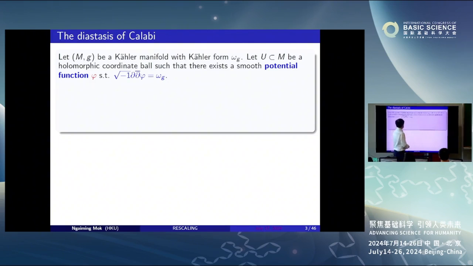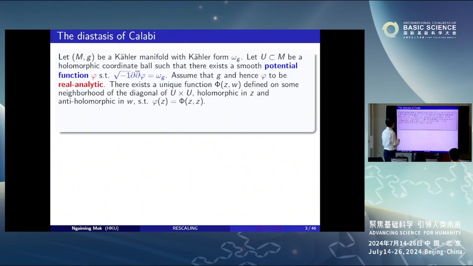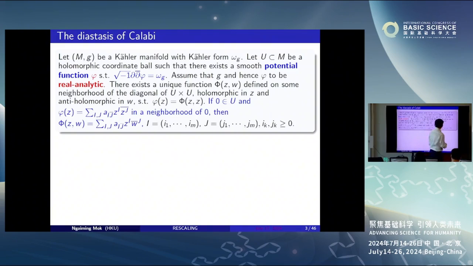Now let's specialize to the case where the metric is a real analytic metric. In other words, you can write down the potential as a real analytic function, admitting therefore a power series expansion. So the function is written as this function phi here. This is common in complex analysis.